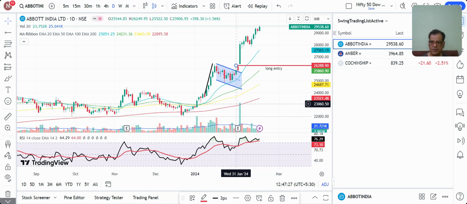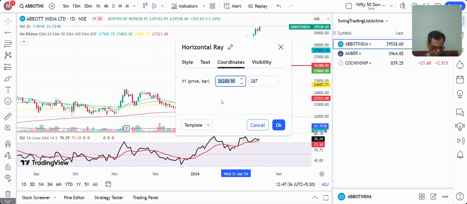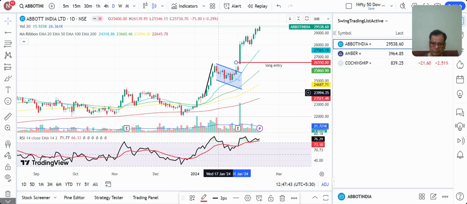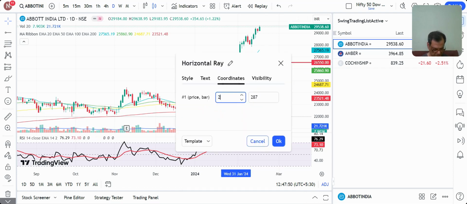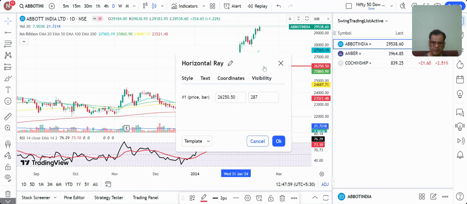I'm sorry, it's 26249. So let's say we take an entry at 26250. Just let me check again. 26250. So make it 26250.50. We add a bit of buffer so that our order gets pulled in, and we'll make this green.